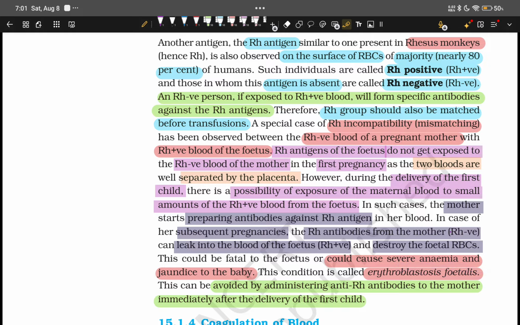There will be fewer RBCs, less transportation of oxygen because there will be less hemoglobin, so there will be anemia, and similarly jaundice in that baby. This condition as a whole is called erythroblastosis fetalis.